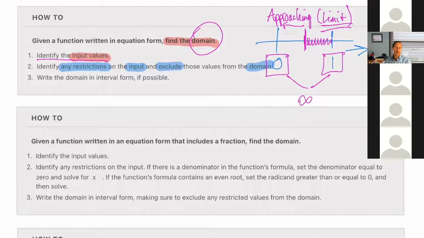Okay, so there's a few things that I want to make sure that you know, especially in these circumstances. When you see a fraction or a rational expression, we call it, and they ask you to find the domain, then I want to, step one, find all those values, but I need to identify the restrictions.